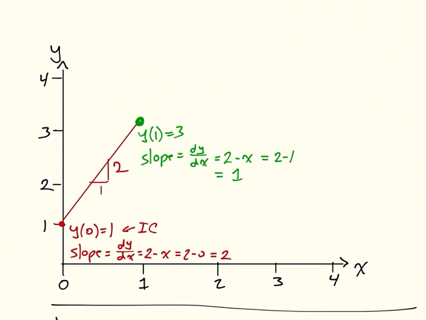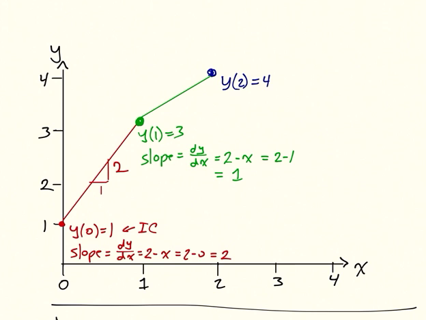And how can we use that to our advantage? Well, now we can extend our line even further with the slope equal to 1. So I'm going to use that and move out and to the right. And we'll get another point on our solution. And this point has coordinates y of 2 is equal to 4.